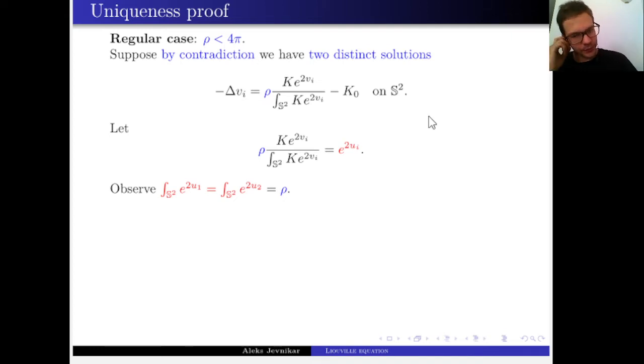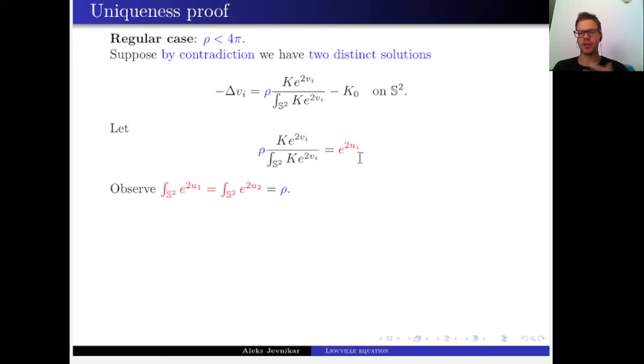So the proof goes by contradiction. Suppose you have two distinct solutions of this problem. Now let's define: you have two solutions, vi, and I rewrite this function as exponential of 2ui.